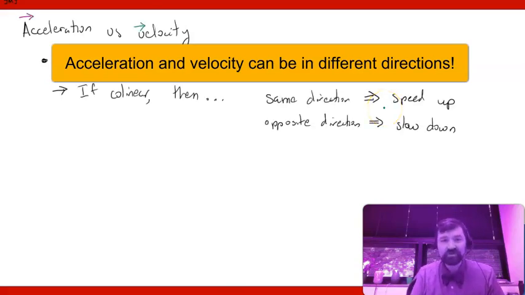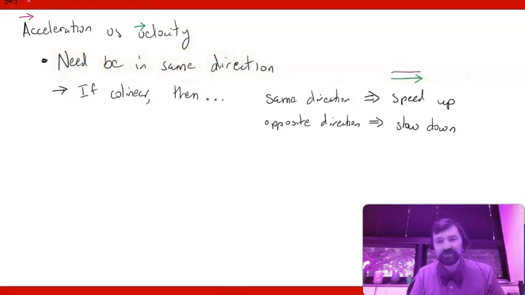So same direction essentially means that you have a velocity like this, and you have an acceleration also like this. Opposite direction would mean something like the acceleration points in one direction, but the velocity points in exactly the opposite direction. So this would be speeding up, this would be slowing down.